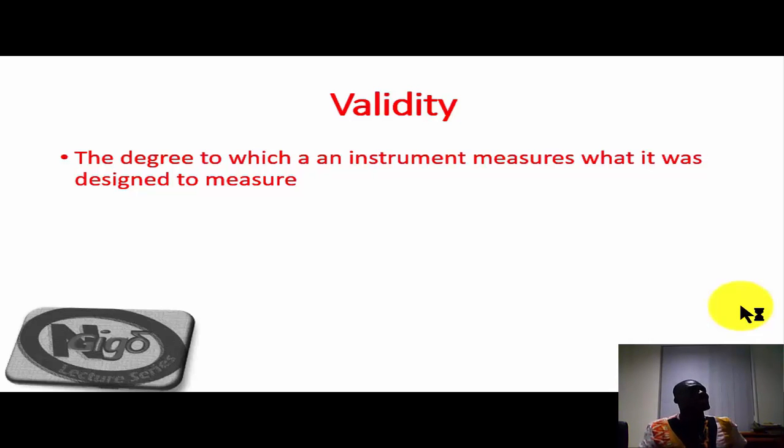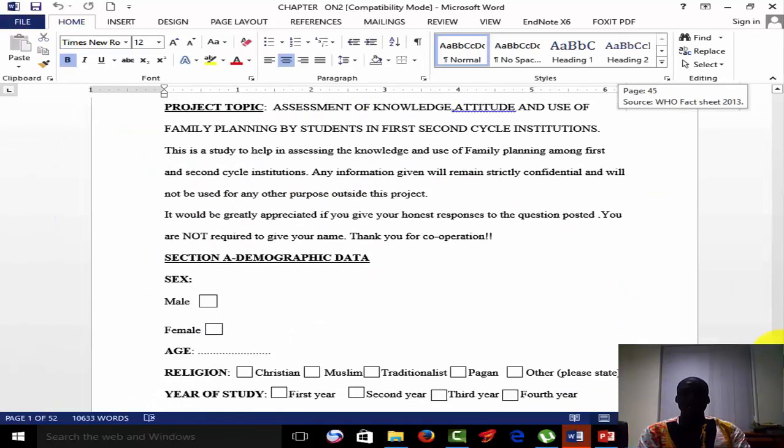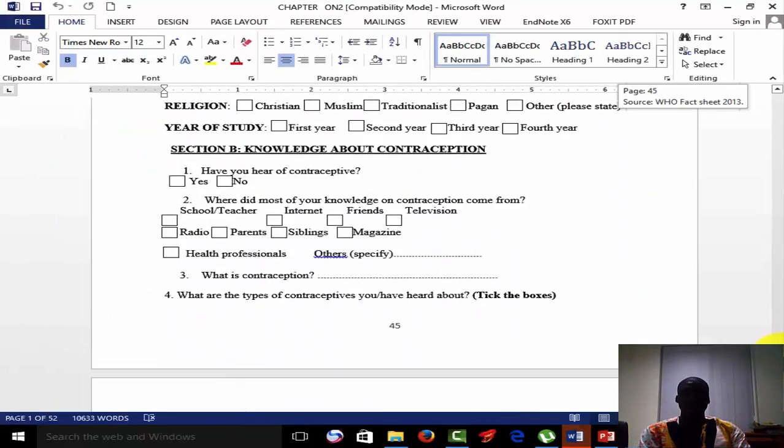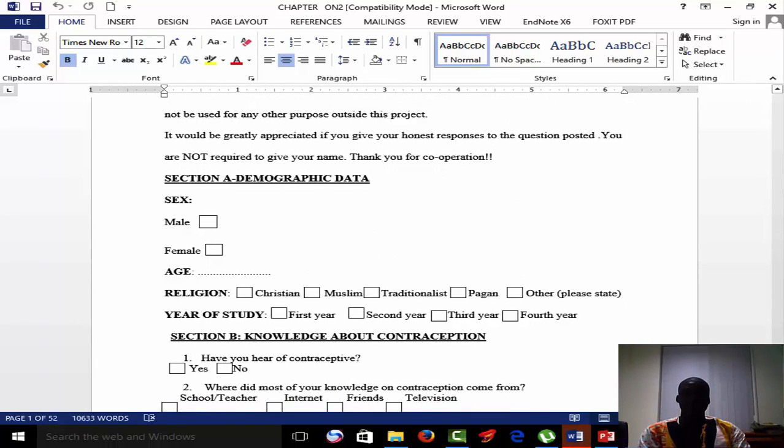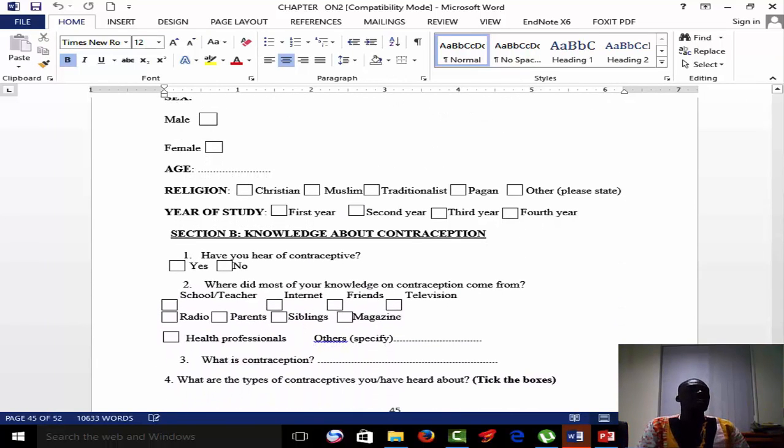Sometimes when you are talking like this, it looks abstract. It's good if I show you some of those instruments. So let's just go and take an example. I don't know where those standards came from. So let's start from this one. This one is knowledge about contraception, isn't it? The first question: have you heard of contraception? Second, where did your knowledge of contraception come from?